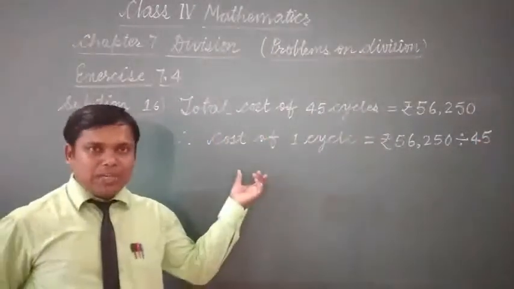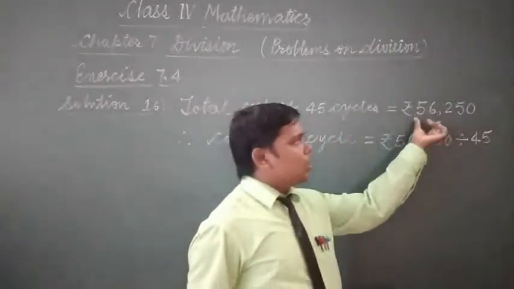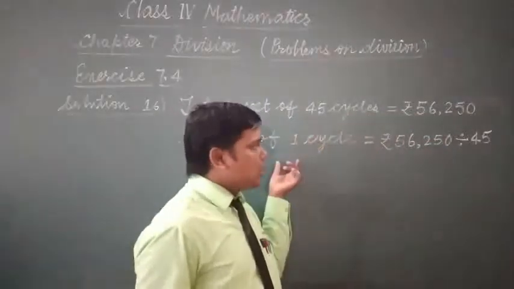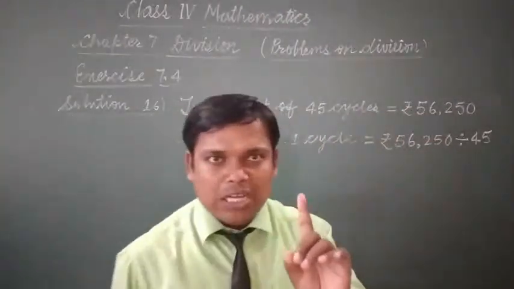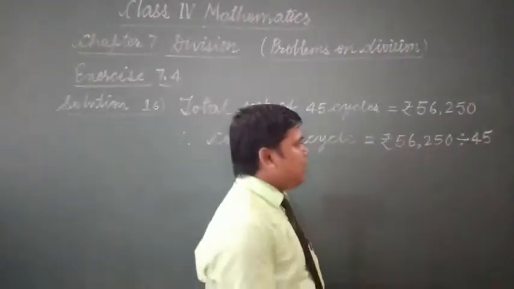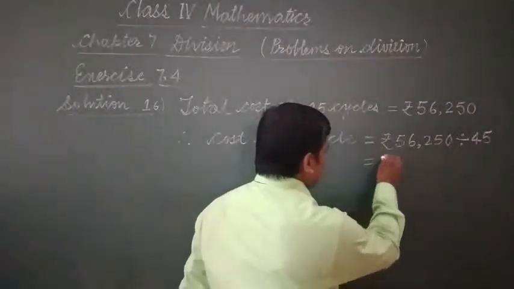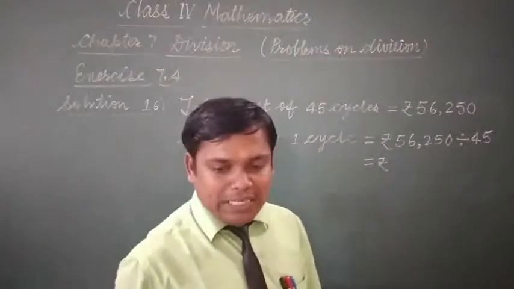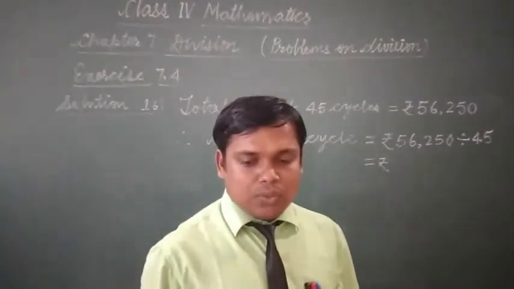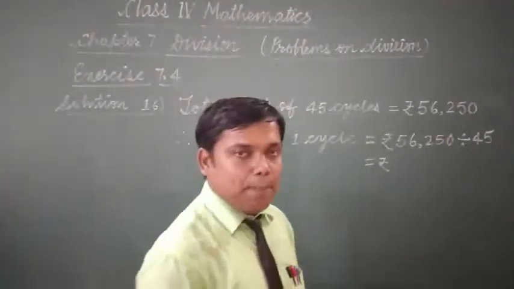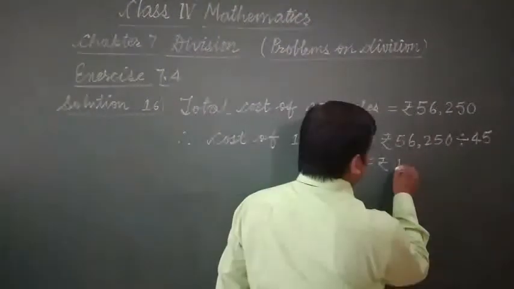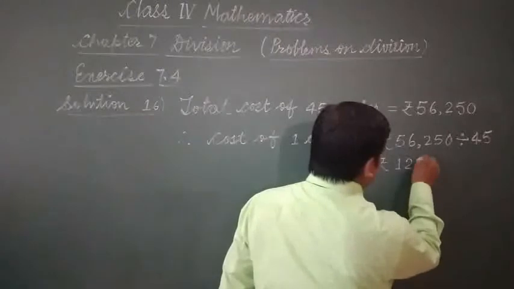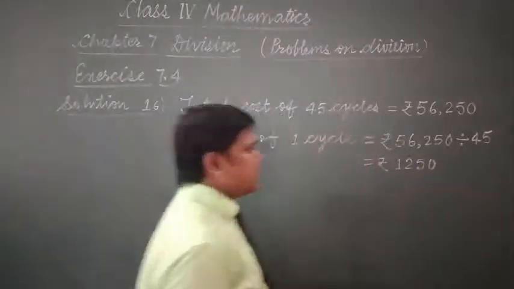Means when we divide total cost by number of cycles, we will get cost of one cycle. So when you divide, you will get cost of one cycle, and it will come rupees 1,250. So this is the answer.